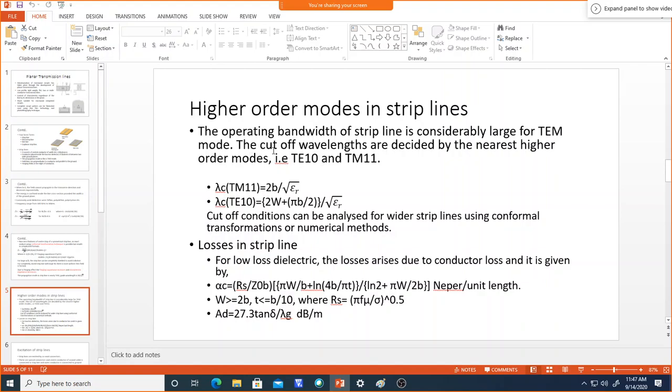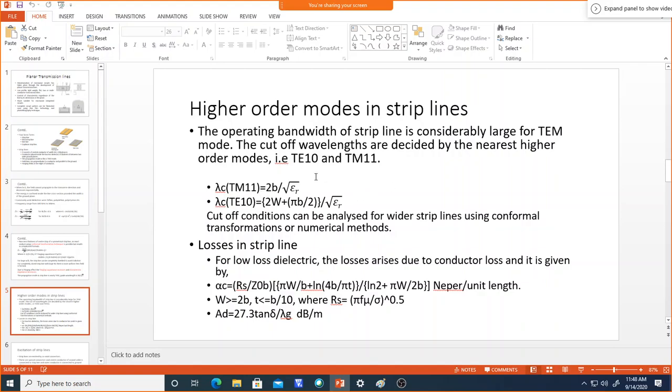Say, for example, TEM is the fundamental mode, and this is one higher order mode and this is another higher order mode. By taking the cutoff wavelength of these, we can calculate the bandwidth.